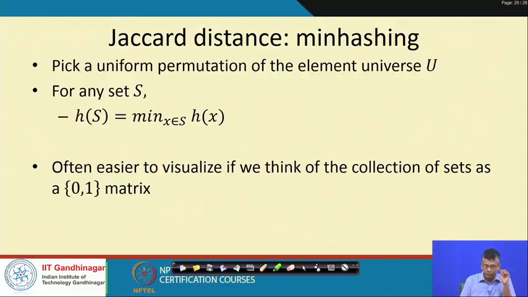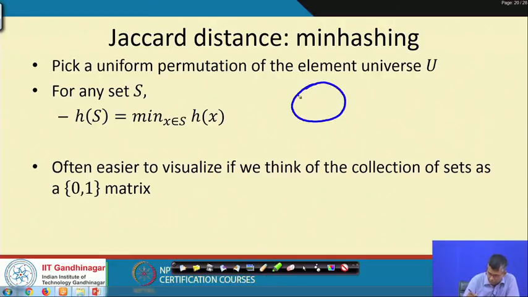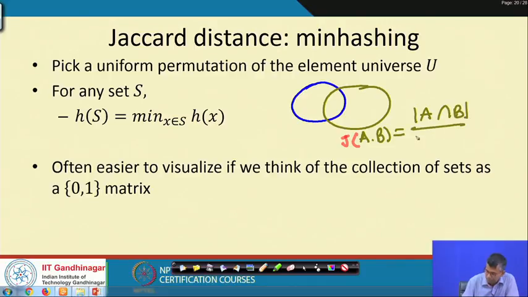If you do not remember what it was, it was this very simple idea that if you have two sets A and B, J of A B, this is the Jaccard similarity, not the Jaccard distance.